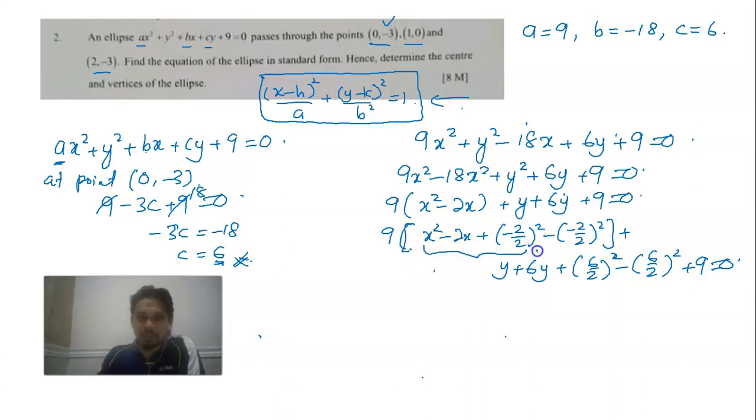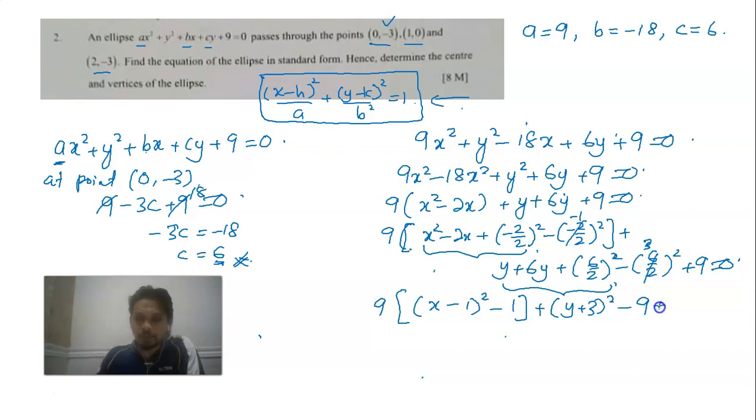So from here and here we come up with x minus 1 squared, minus negative 2 divided by 2, negative 1, negative 1 squared equal to 1, plus, and this 6 divided by 2 equal to 3, so y plus 3 squared minus 3 squared equal to 9, plus 9 equal to 0.